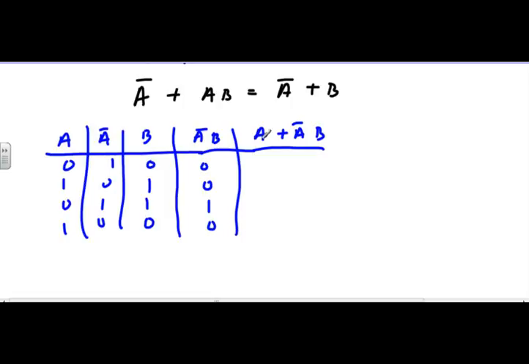Okay, and so I look at A or A naught B. A is 0, A naught B is 0, 0. A is a 1, that's a 1. A naught B is a 1, that's a 1. A naught is a 0, that's a 0. So I find where I'm true here. What is true about those guys?